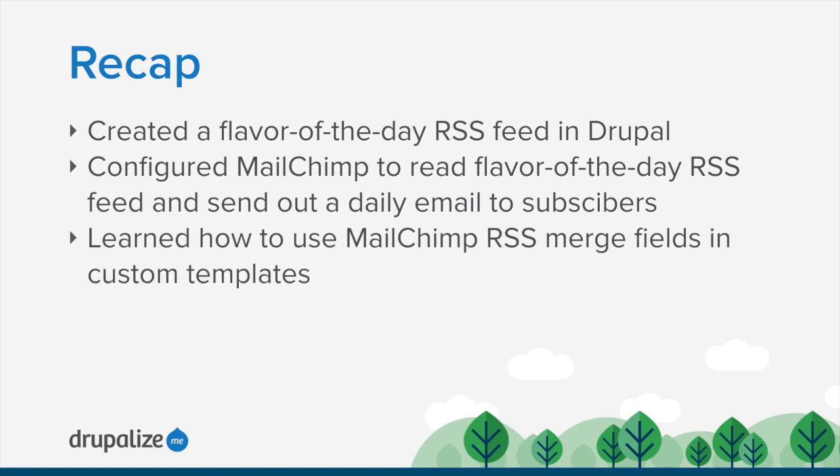In order to do that, we created a new campaign, and then in our template for the campaign, we used RSS merge fields, which allowed us to put in placeholders that can be replaced with the dynamic values that MailChimp reads from the RSS feed that we're providing in Drupal. This is a great way to automate some of the tasks of sending things like daily reminders to users of your site or subscribers to your MailChimp-based mailing list.